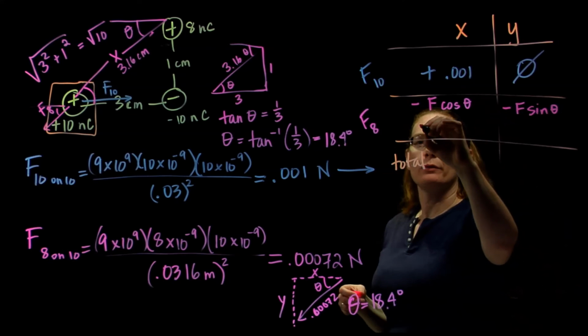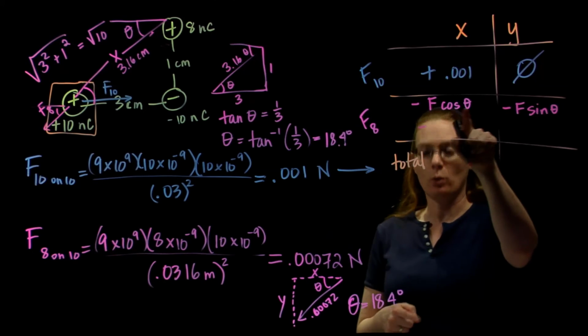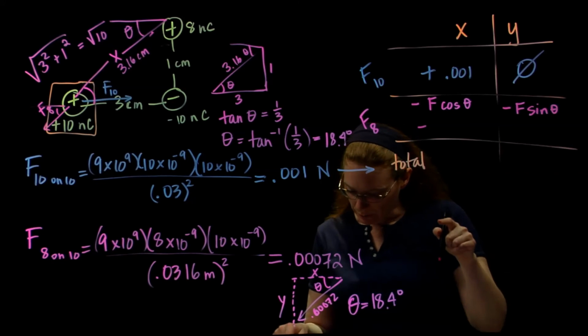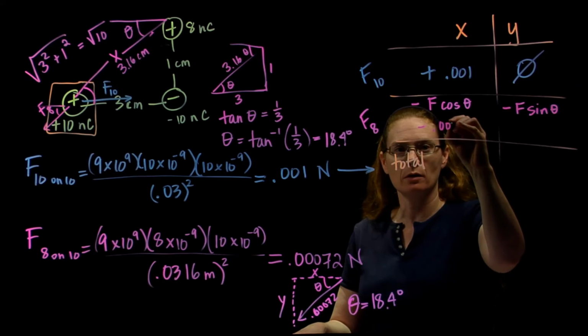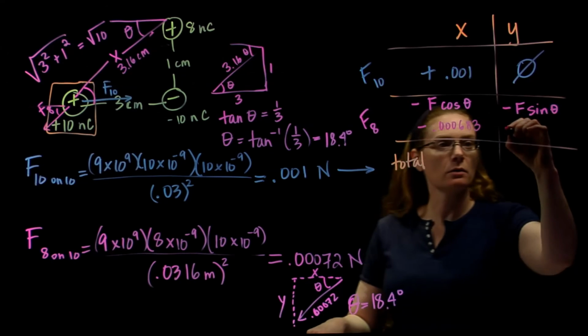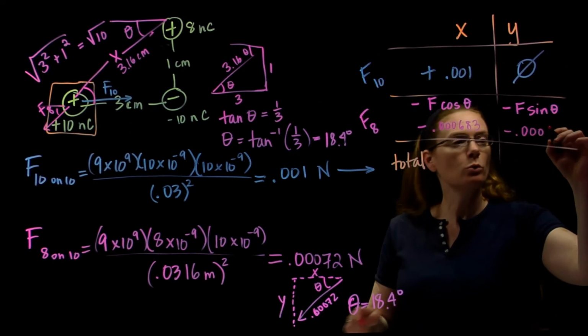So I'm going to have negative F, which is 0.00072, times the cosine of my angle, 18.4. And if I do that, I should get negative 0.000683. And something really small, negative 0.000227.